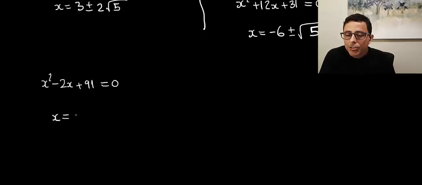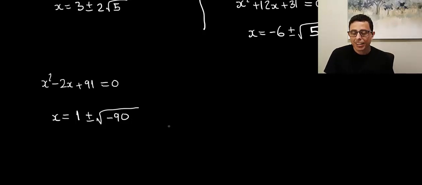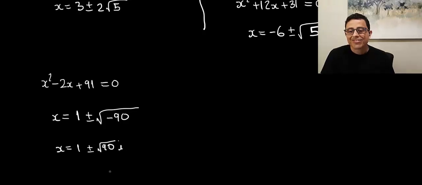So I can see that the solution would be 1 plus or minus square root of negative 90. Yes, square root of a negative number. So you can do some simplification now. This would be an imaginary number here. So this would be square root of 90 i.